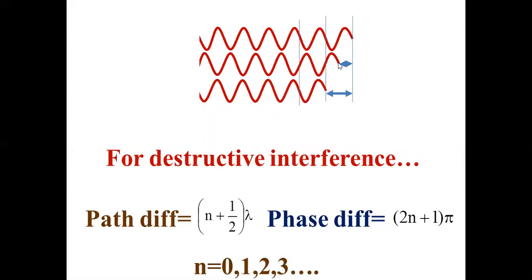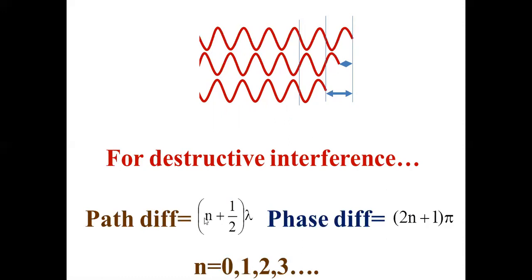See, one wave has to travel lambda by 2 late. It has started lambda by 2 late or away. That means by the time they reach here, one wave has traveled so much distance and the other lambda by 2 less. So if the path difference is lambda by 2, or 1.5 lambda, then the crest falls on trough and the resultant amplitude is 0.